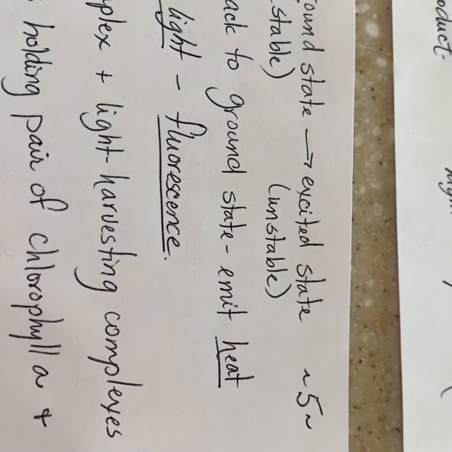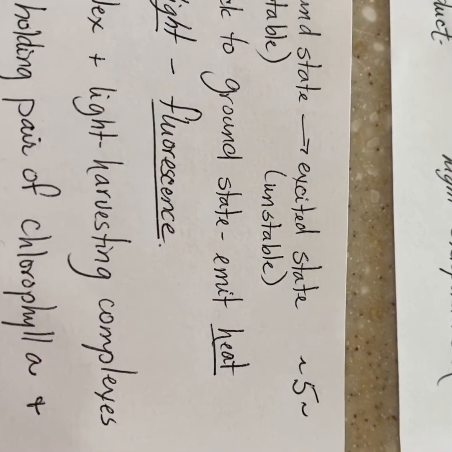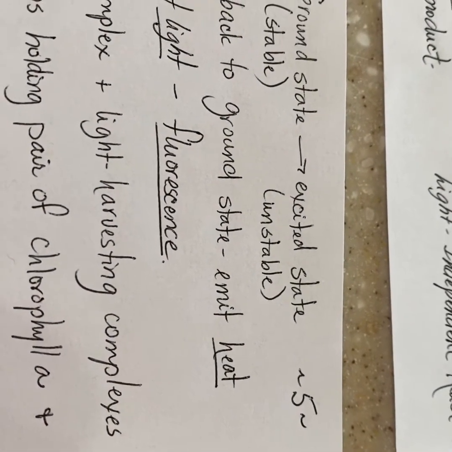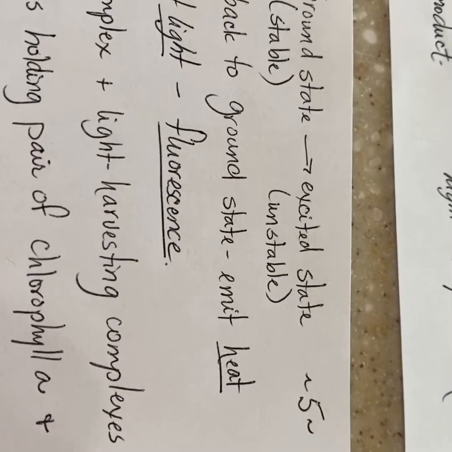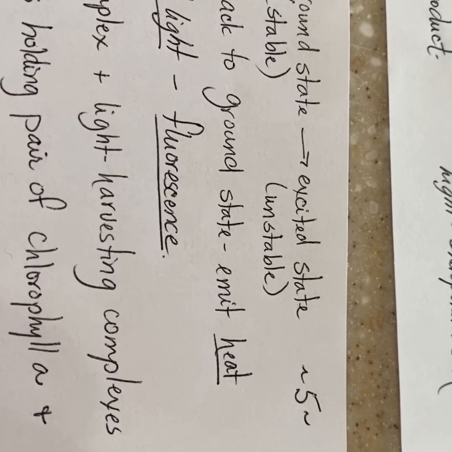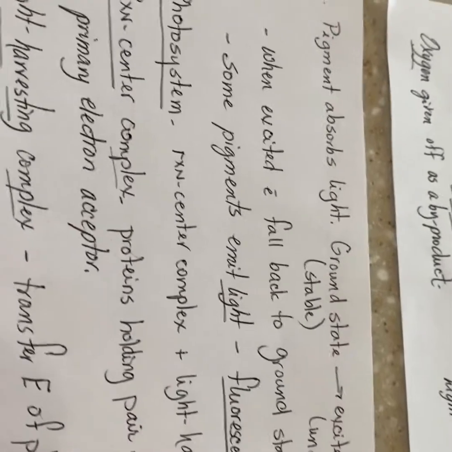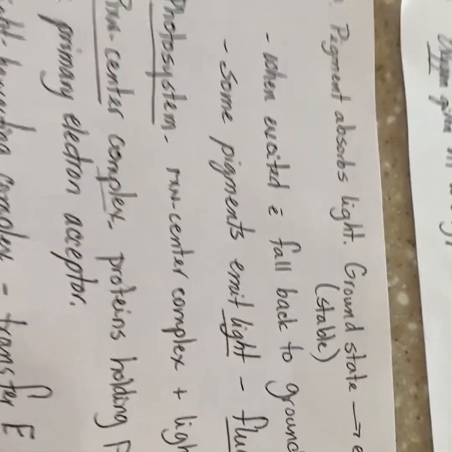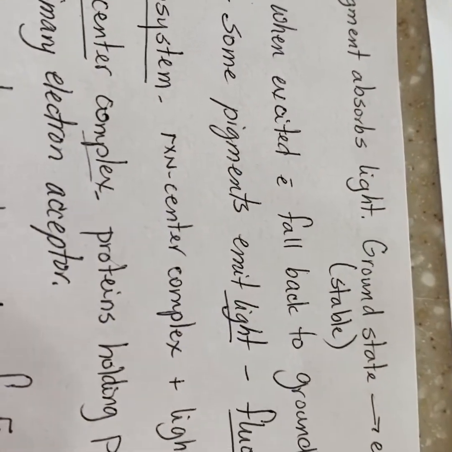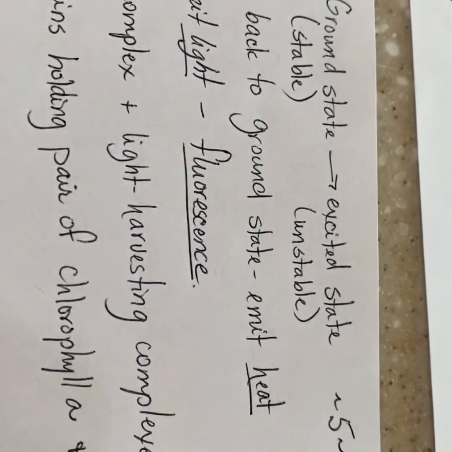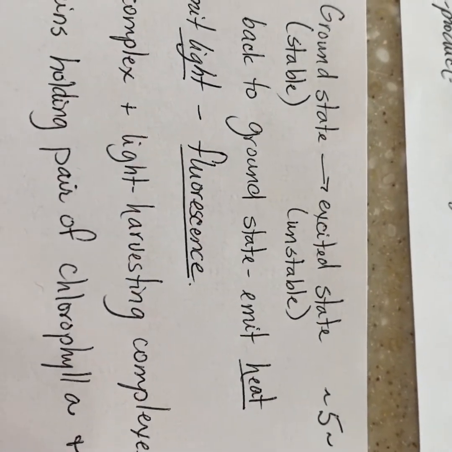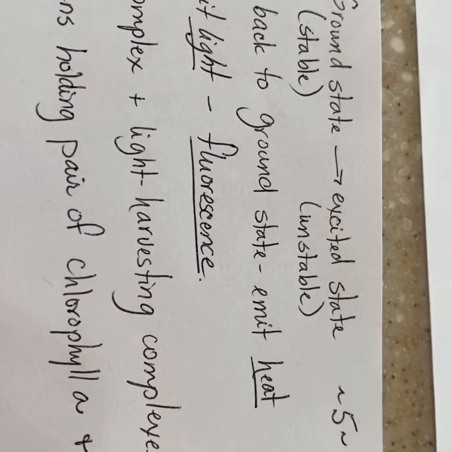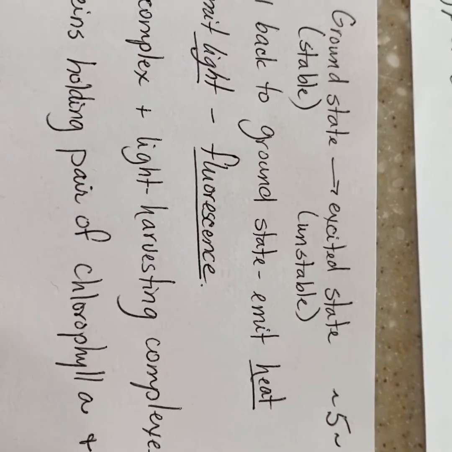And in this particular case, just like most others, this is a wasteful product. That heat is not usable as energy for any other process. There are some pigments that actually emit light, and this is called fluorescence. And we see this especially with things like phytoplankton in the ocean.